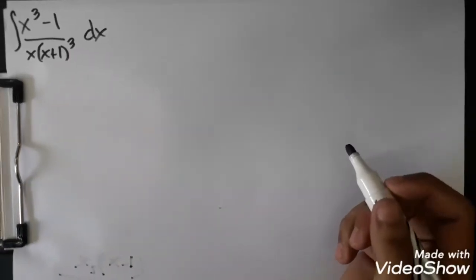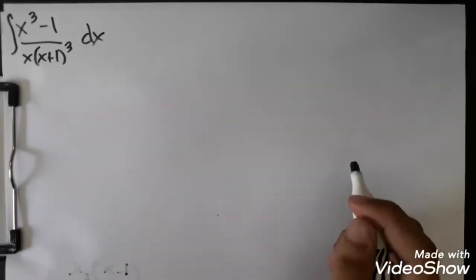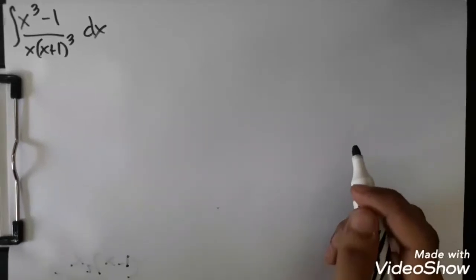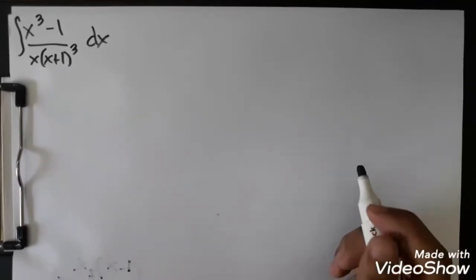Now let's solve another problem, which is the integral of (x cubed minus 1) over x times (x plus 1) cubed dx.